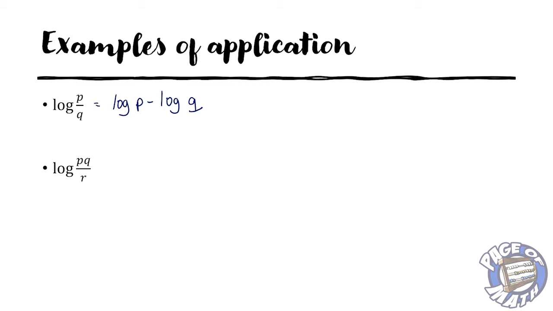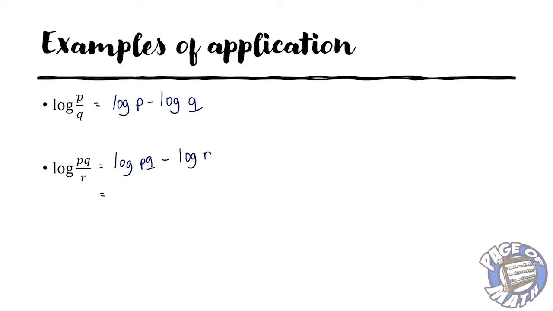What about the log of pq divided by r? If we look closely, we're actually going to apply two rules of logarithm because in the numerator, p is multiplied by q, and in the denominator, pq is divided by r. So first, let us write this in the form of two logs where we have the numerator, which is pq, minus the log of the denominator, which is r.